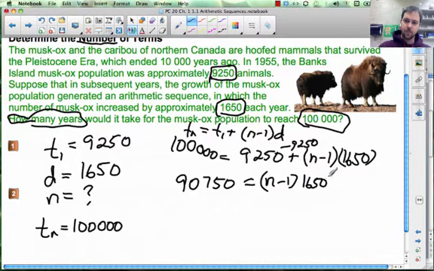Okay, now the n minus 1 is attached to this 1650 by multiplication. We want to get the n minus 1 alone. So don't divide off n minus 1 because then it will be in a denominator and it will be paired with this thing. It'll just make more work for you. This is the one we want to divide off. So 1650 from both sides.